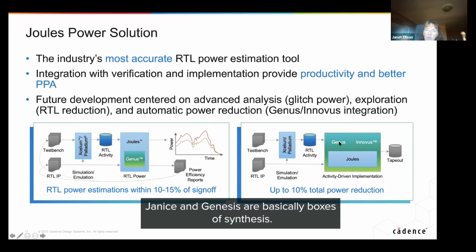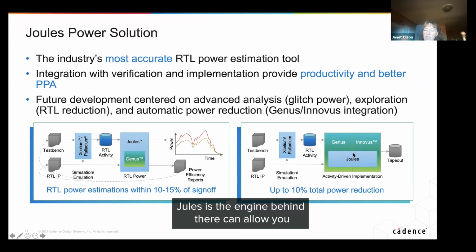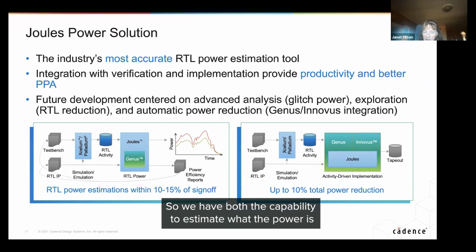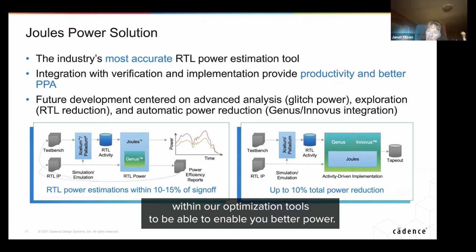Genus is the synthesis tool and Innovus the place and route tool. Joules is the engine behind them, allowing you to optimize and get a better power reduction. So we have the capability to estimate power very early on during analysis, as well as being the driving engine within our optimization tools to enable you better power.